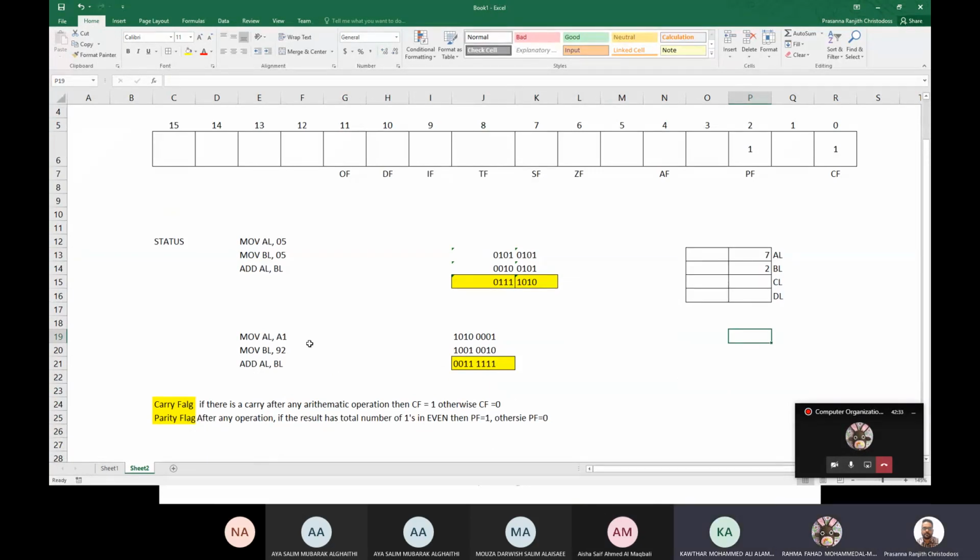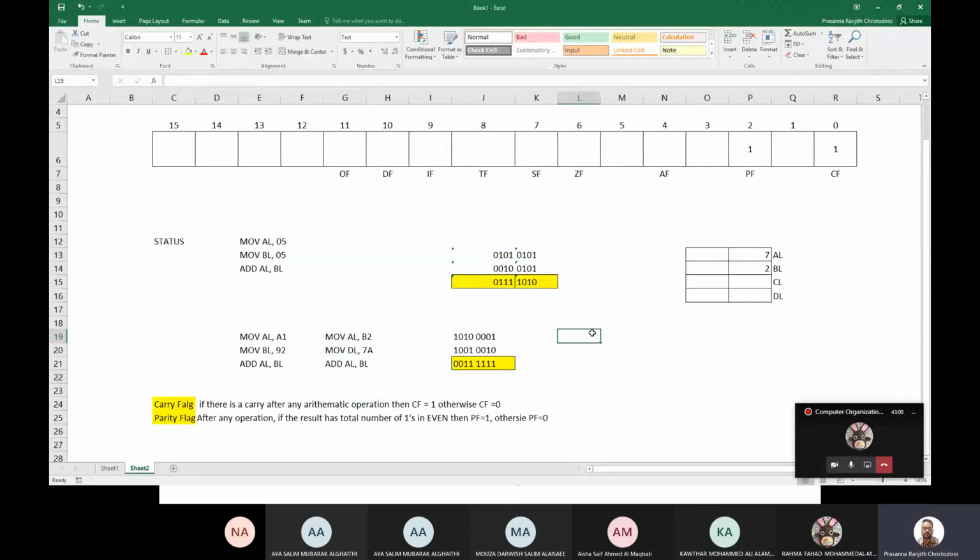Okay. Let's see another example. AL, B2, A. Okay. Add AL, BL.